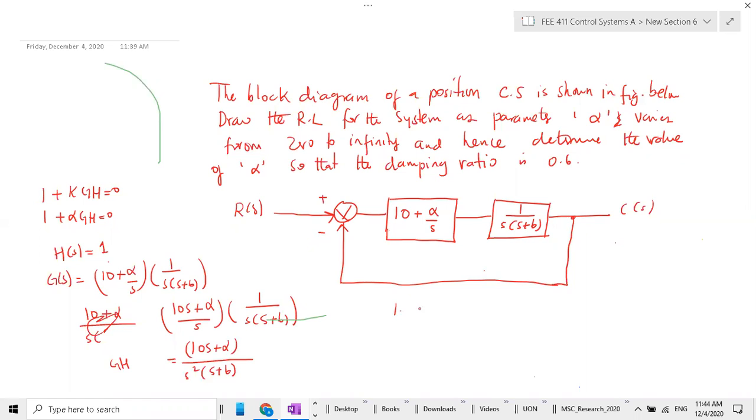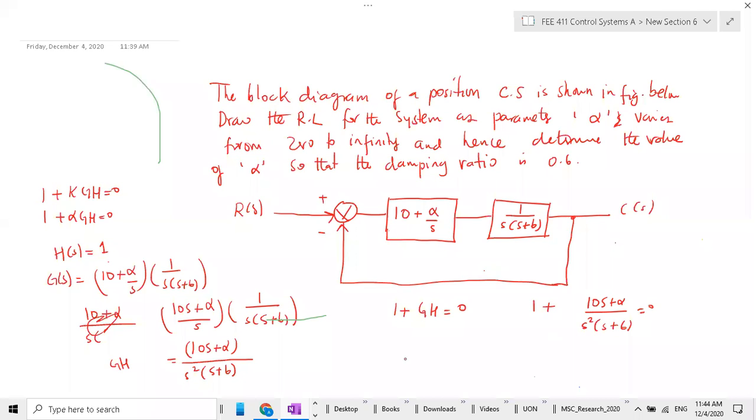So you proceed and set 1 plus GH equal to 0. We have 10S alpha equal to 0.